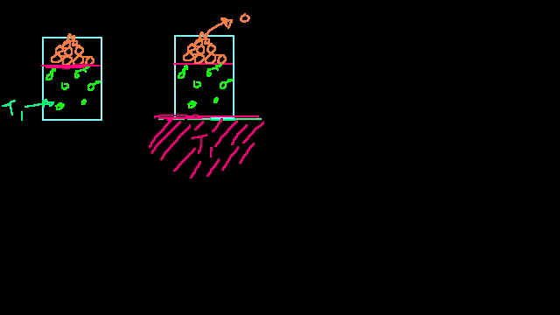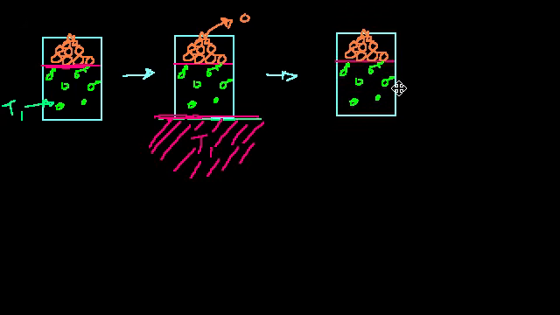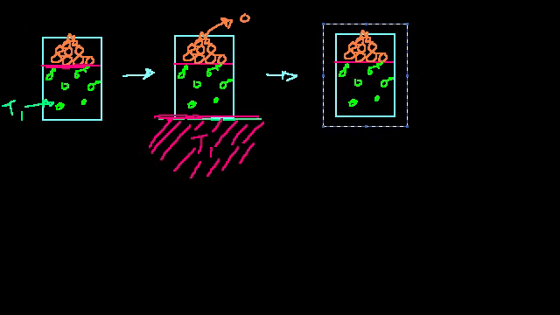So let me see what happens. I keep doing that, and I get to a point where my volume has increased. So let me delete some of my rocks here. So some of the rocks are gone, and now my overall volume is going to be larger.